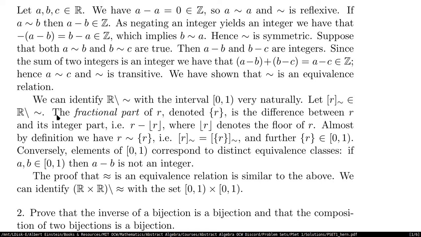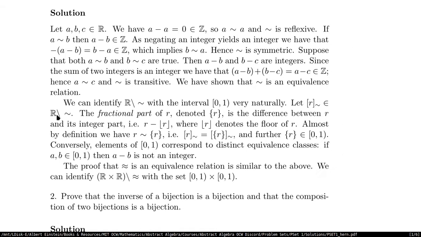He has considered how this R slash twiddle, the quotient space, can be identified with the half closed interval from 0 to 1. Interesting.